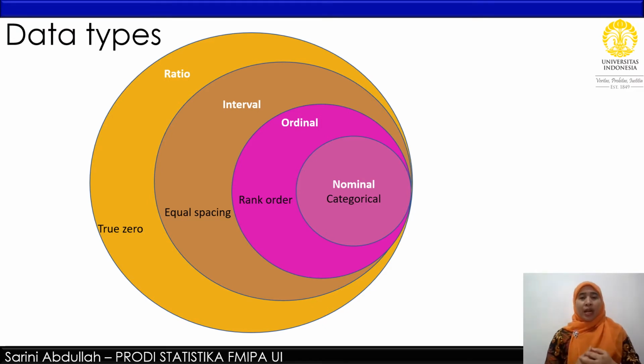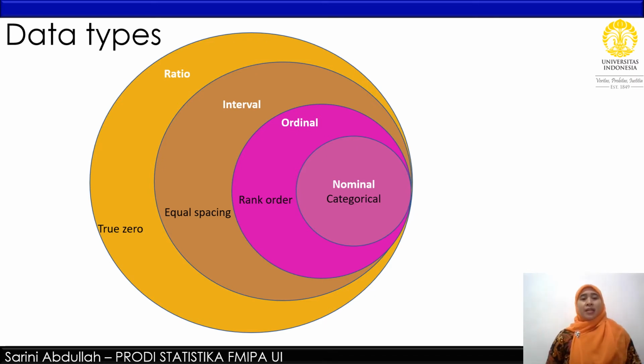We can do that in ratio data, while in nominal or ordinal data we can't, because even if those data are represented by numbers, those numbers are just the identity of one category versus another, not real numbers on which we can do mathematical operations as in ratio or interval data.